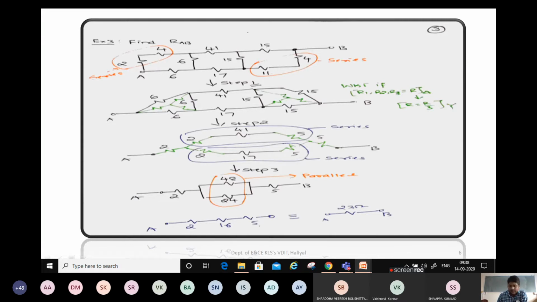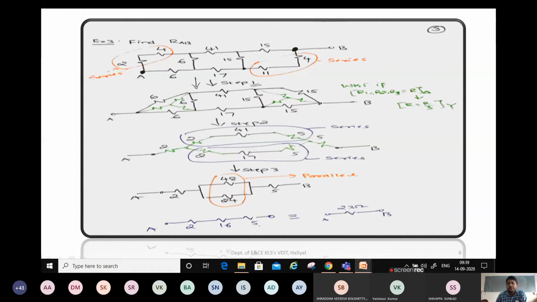Again, first you locate the points A and B. Here we have point A and point B. First you check that 4 and 2, and 4 and 11, are in series. So we can add them. You will get this network here, right? 6 ohms, 6 ohms, 6 ohms, and here you get 15, 15 and 15.